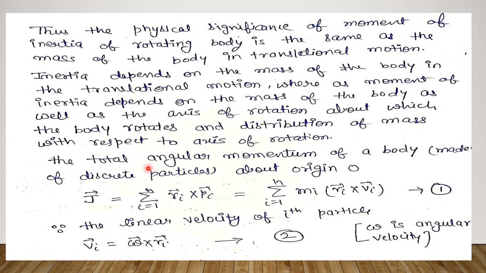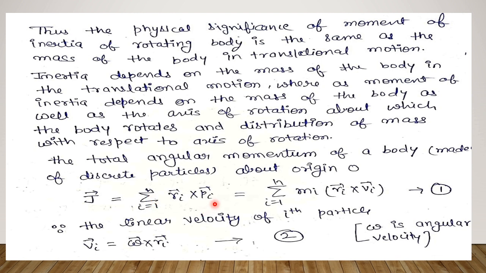The total angular momentum of a body: we know angular momentum is J equals r cross p. If we have a system of n particles, with r_i the position vector of the ith particle and p_i its momentum, we can take the total angular momentum as the summation of this term. So total angular momentum is J equals summation i equals 1 to n of r_i cross p_i.